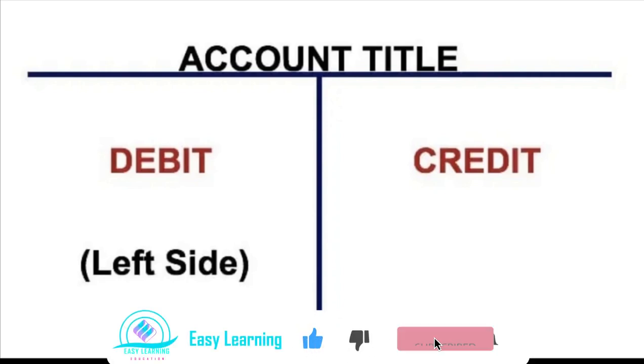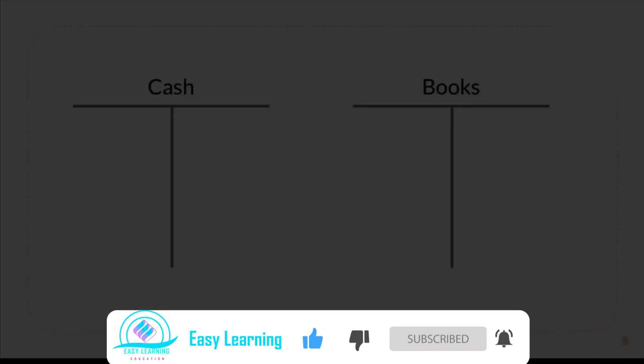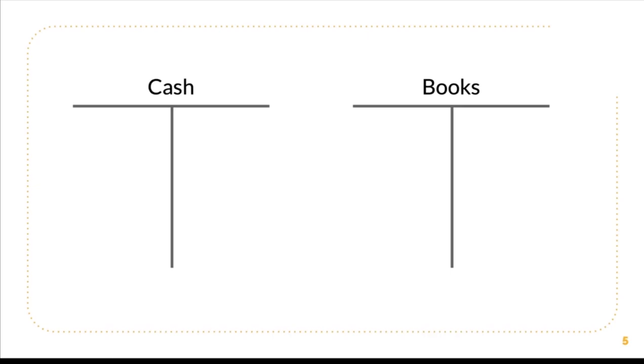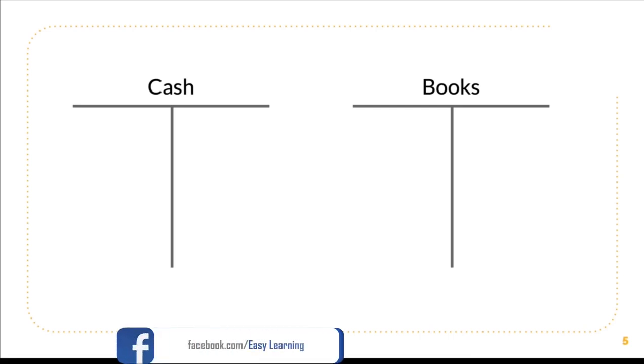Now let's take a look at a few examples. I already mentioned that a large part of accounting is recording business transactions on T tables. For the first one, let's use the example of a sale in a business. Say we are a bookstore and we just sold $5,000 worth of books to a customer and they paid me back in cash.